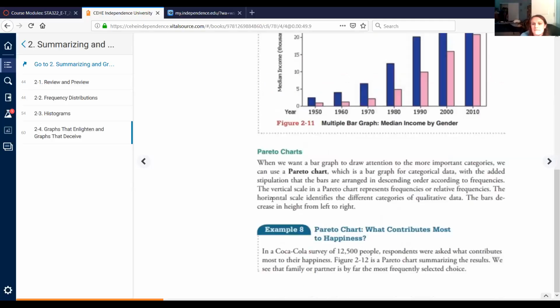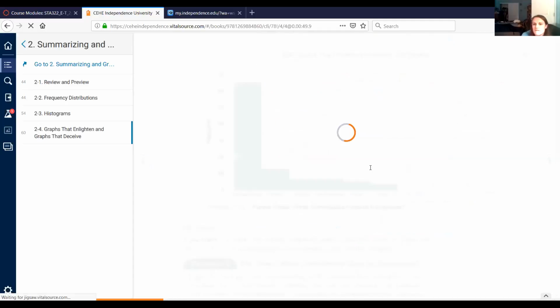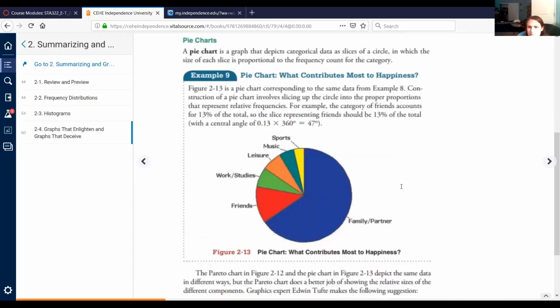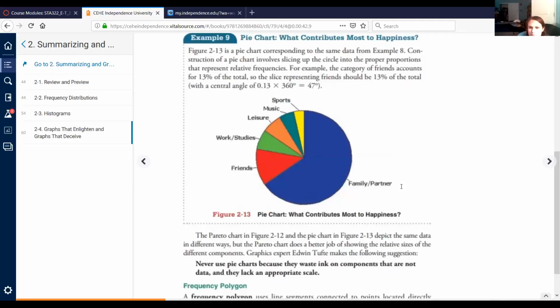Okay. A Pareto chart is a little different. What we've done is look at asking questions. Okay, in this case, what contributes most to happiness? So we take the one with the highest value and keep it going down. Okay. Pie charts are another way. You're all familiar with that. Pie charts have some very good uses.